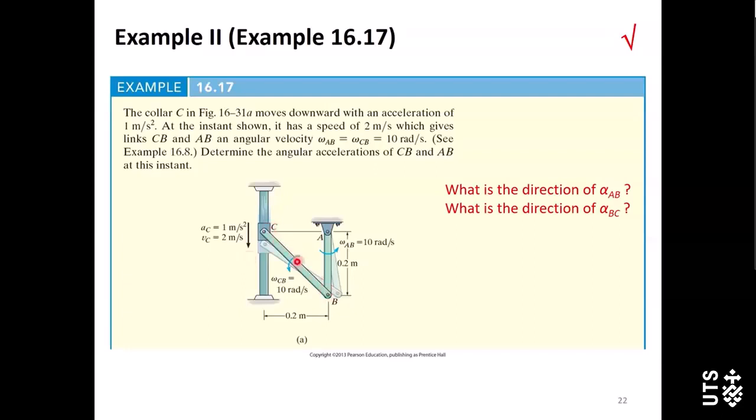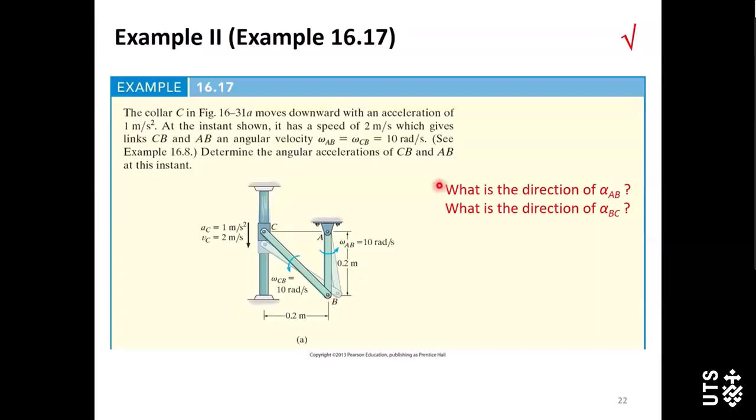CB is undergoing general plane motion. For this one, we already know its angular velocity, omega CB, is counterclockwise. The target here is to determine the angular acceleration of CB and AB at this instant, when AB is vertical.